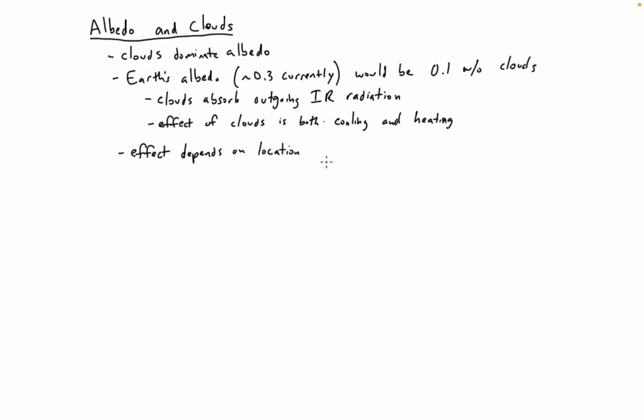If they're higher or lower in the atmosphere in particular is important. And the clouds can move around, they have different shapes, and they're a big unknown in terms of predicting what's going to happen.